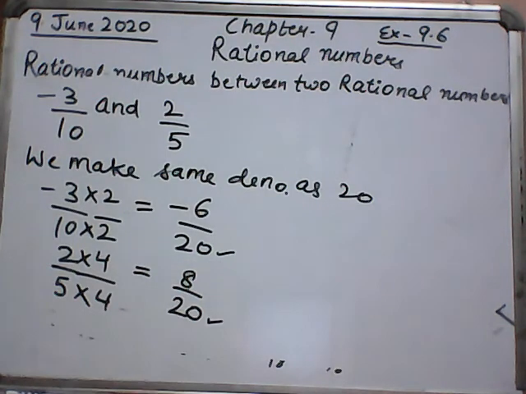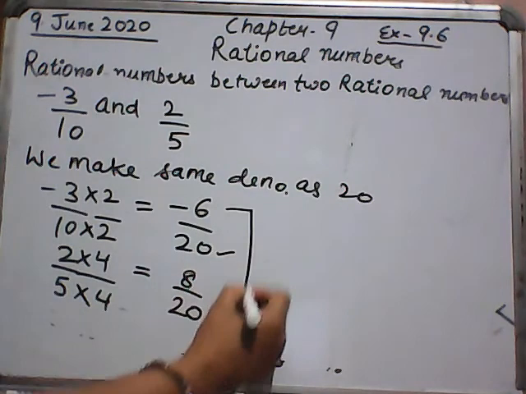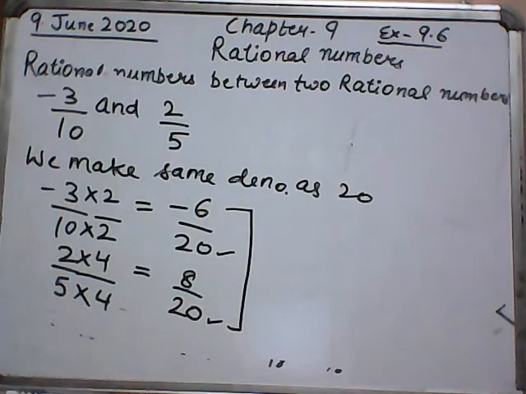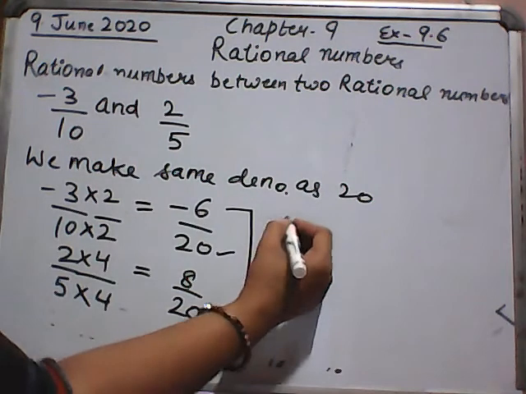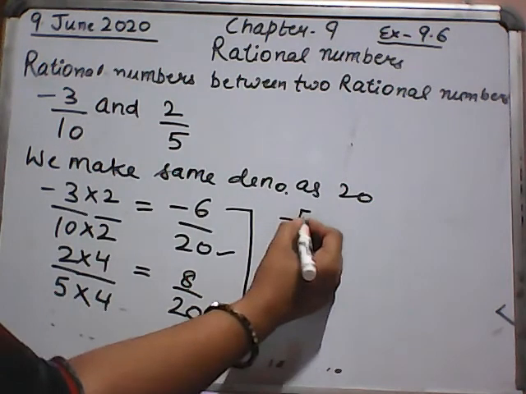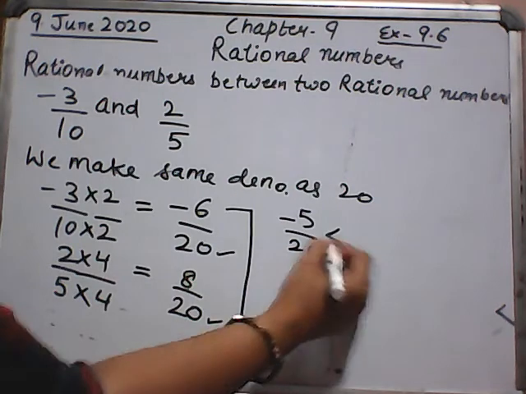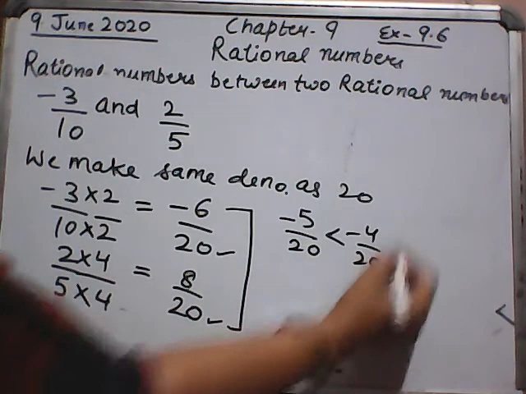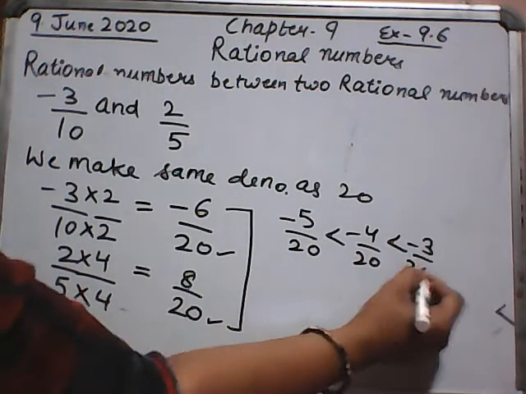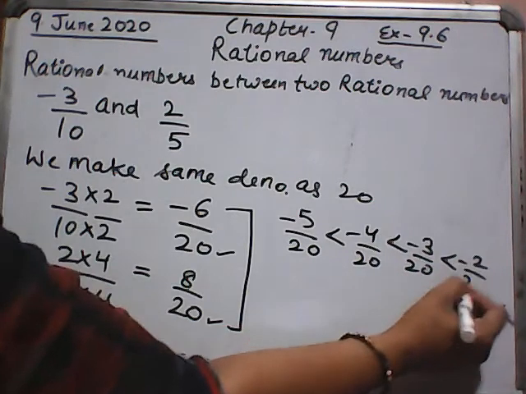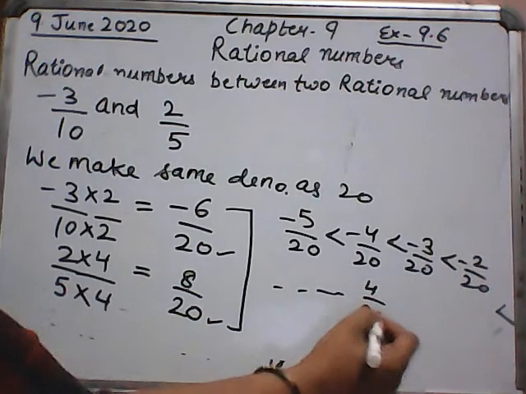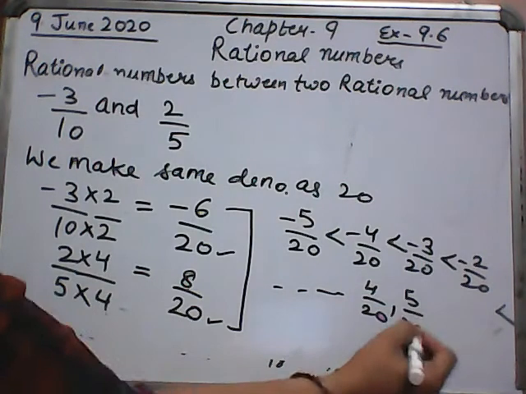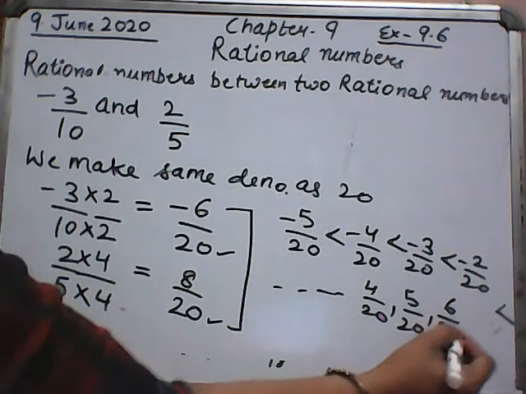Now we have to find 4 rational numbers in between minus 6 by 20 and 8 by 20. We can insert many rational numbers: minus 5 by 20, minus 4 by 20, minus 3 by 20, minus 2 by 20, and so on, 4 by 20, 5 by 20, 6 by 20, and 7 by 20.